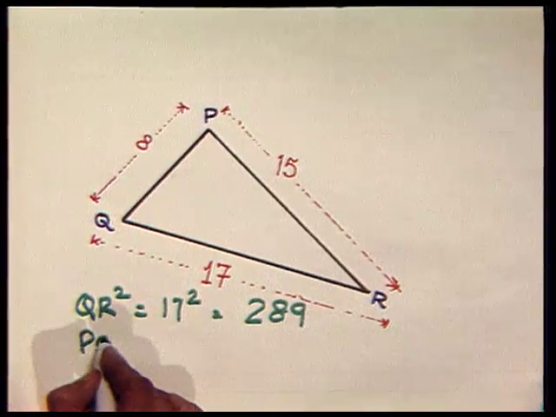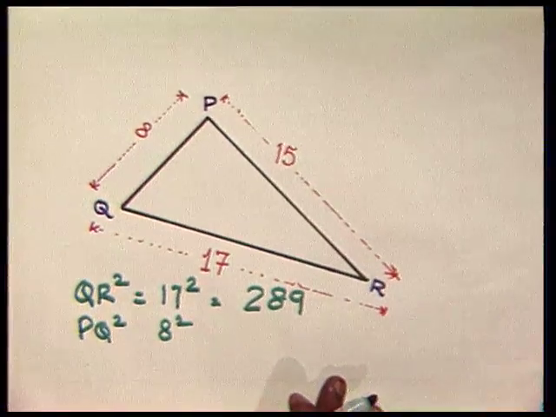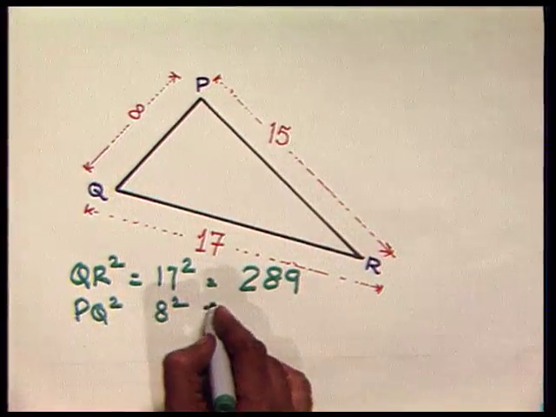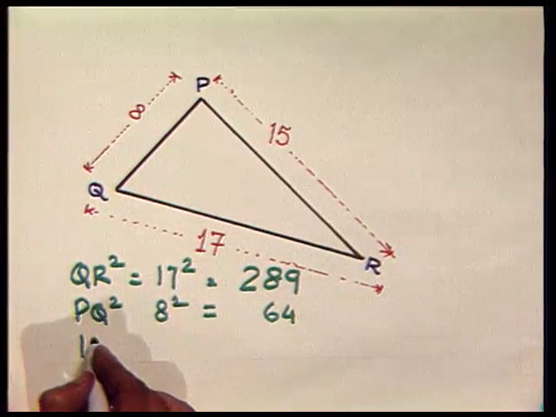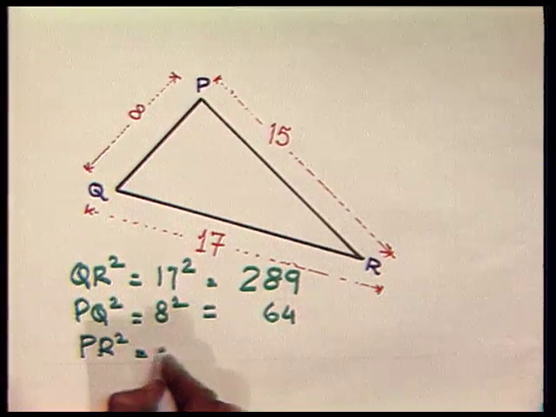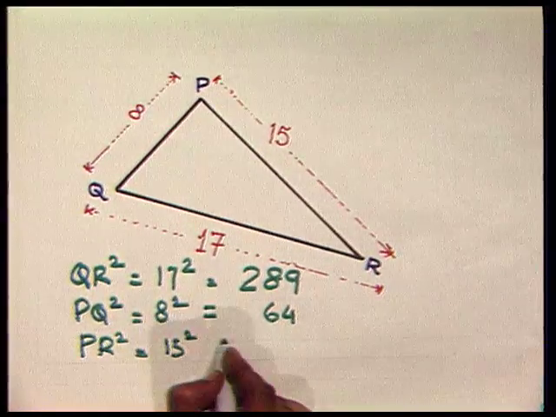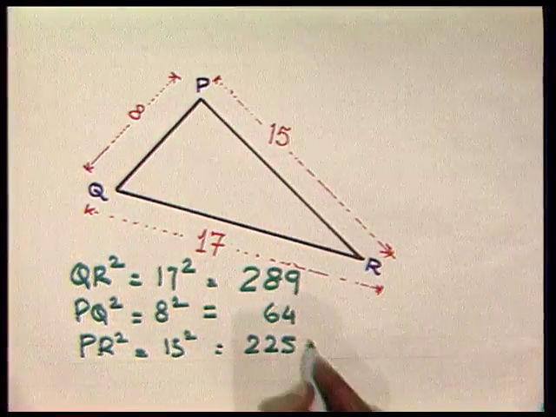PQ square is 8 square, which is equal to 64, then PR square is equal to 15 square, which is equal to 225. So what do you find?